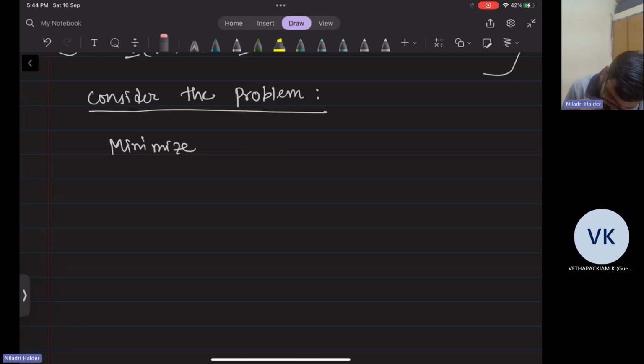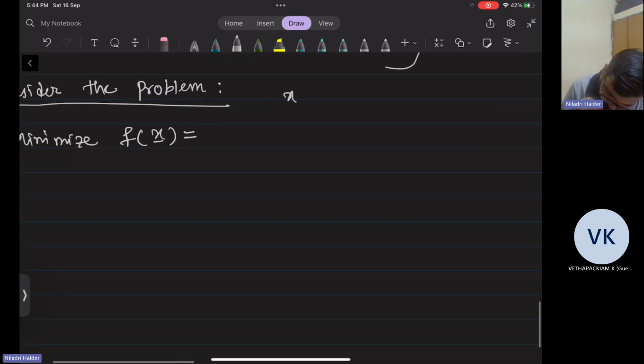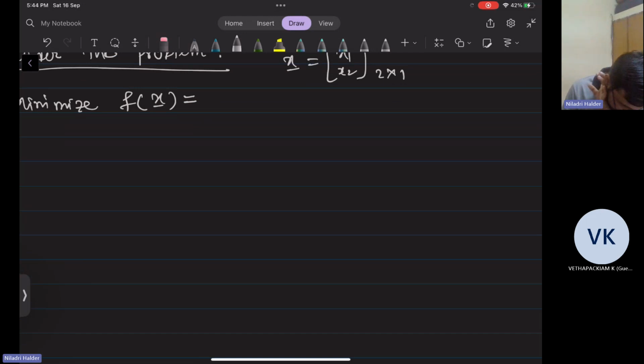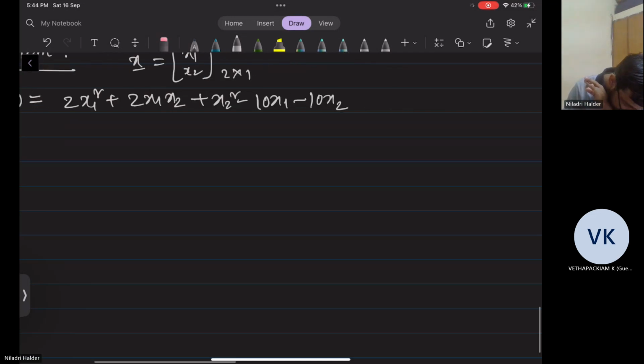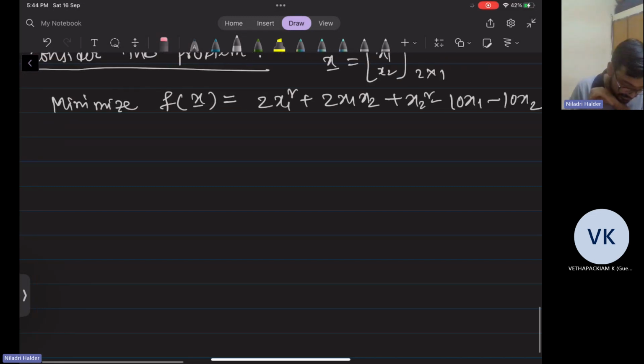So this is the objective function, f of x, where this x is a two-dimensional, 2 cross 1 vector. So f of x is equal to 2x1 square plus 2x1 x2 plus x2 square minus 10x1 minus 10x2. We need to minimize this function.